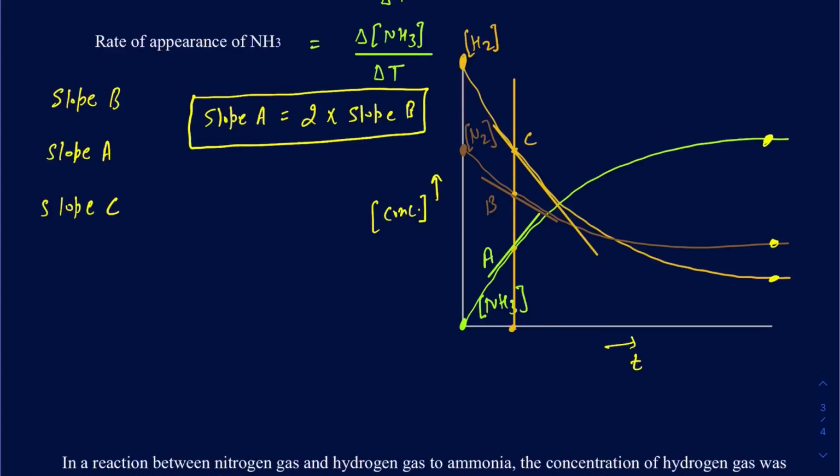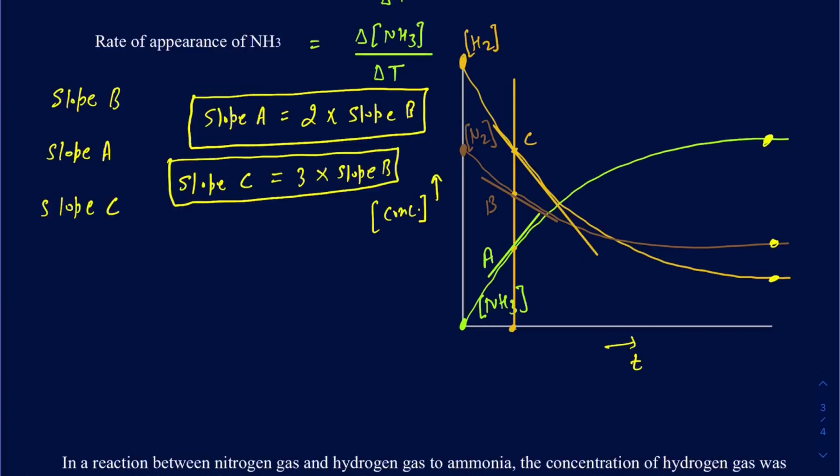Okay, and then I can also say the slope of C is going to be 3 times the slope of B. That's because the rate of disappearance of your H2 is going to be 3 times the rate of disappearance of N2. Now you may wonder, okay, we've got a positive slope and a negative slope, how are we really comparing those?